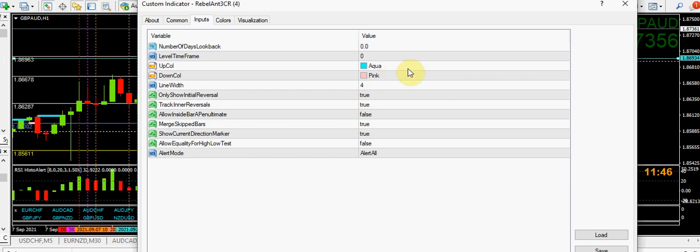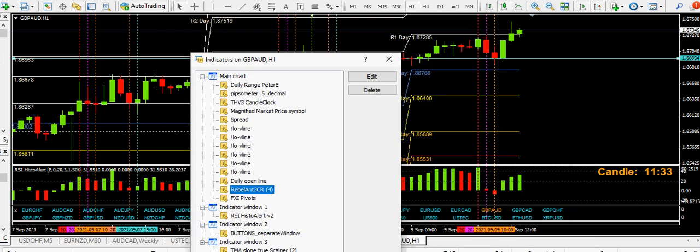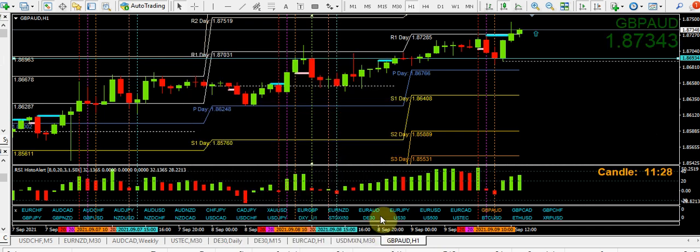I'm hoping this doesn't go over time, this video. So track inner reversals, allow inside bar. Let's change that one to true as well, because I tend to put them all at true and then play around, see what that shows. Nope, still not got that one there.